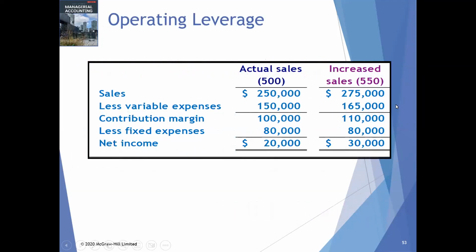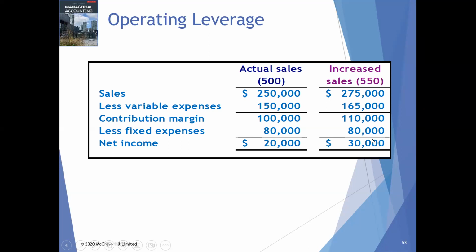Look at this. At the starting, if we say that some percentage has increased, let's say from 250,000 to 275,000, it means the sale volume has increased. What will be the effect on the net income?